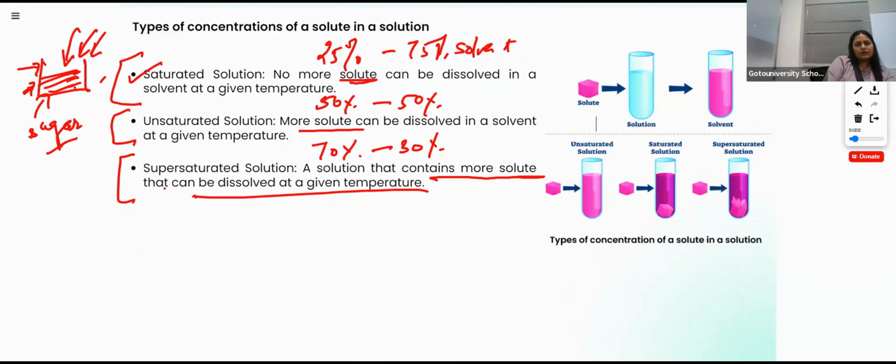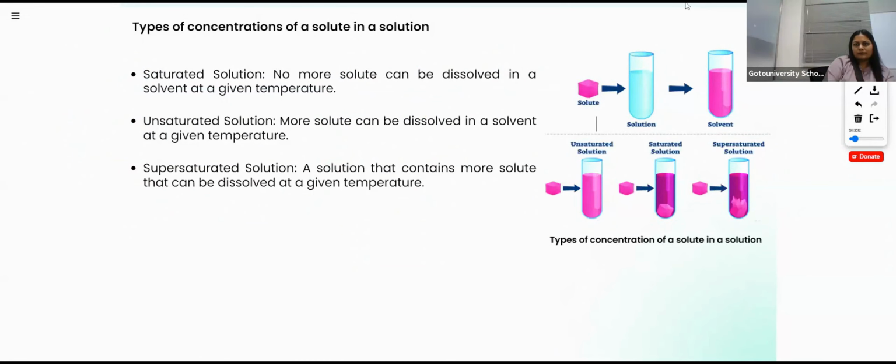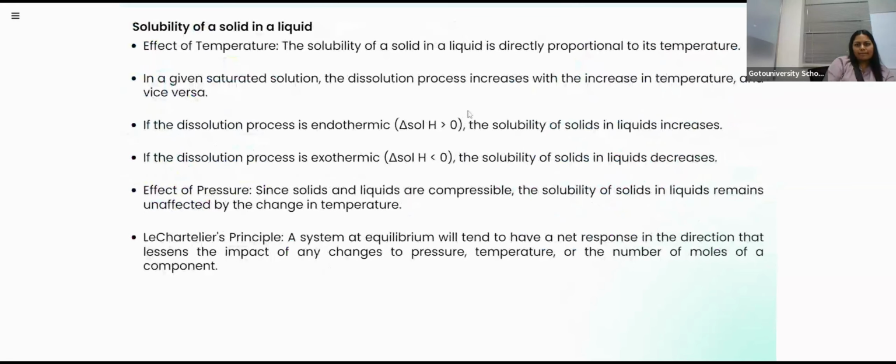Okay, so what we do, we add more solvent, and then it starts getting dissolved, right? So by this percentage, I hope you can understand what is saturated, unsaturated, and supersaturated solution, right? So mainly the definitions were asked in the exam, about what are saturated solution and unsaturated solution, right?